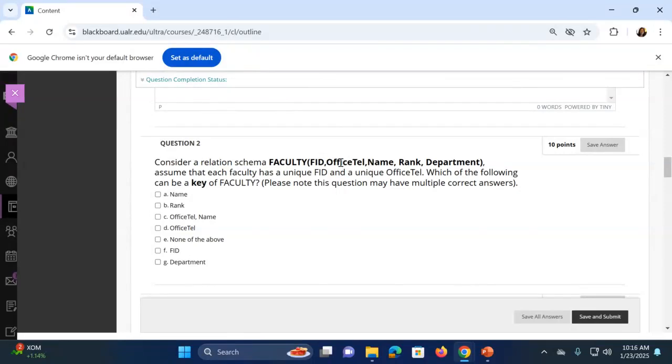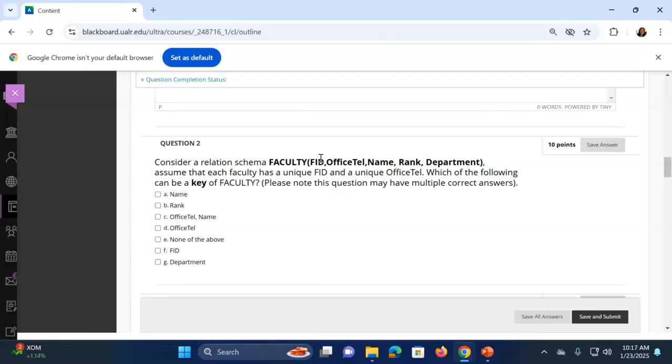So what does that mean? It means that either one of them can be the primary key, because every faculty has a unique FID and also a unique office telephone number. So it means that we have two keys. By key, we mean either a single attribute or a set of attributes whose value is unique for every record in that table.